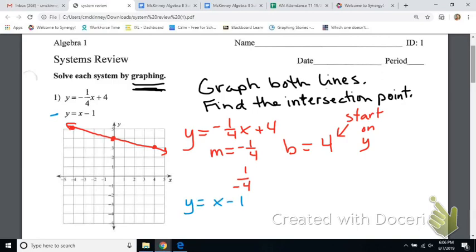Now you don't have to rewrite everything. It may be helpful for you to write down what your slope and intercept is. If you feel confident graphing without writing that down, that's completely fine, as long as your graph is correct. So -1 on the b, and then from there we use our slope. And in this case our slope is a whole number.